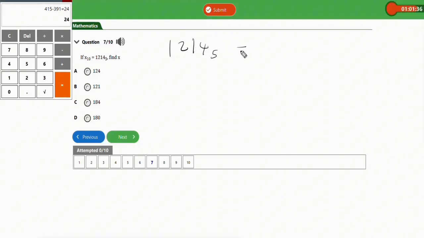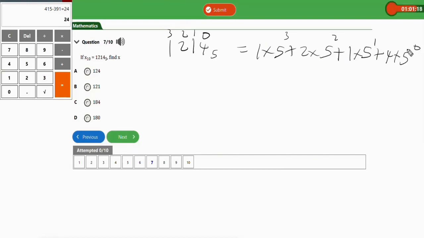So if we convert this to base 10, the positions are 0, 1, 2 and 3. So we have 1 times 5 to the power 3, plus 2 times 5 to the power 2, plus 1 times 5 to the power 1, plus 4 times 5 to the power 0.